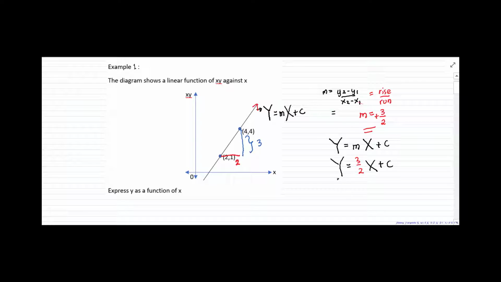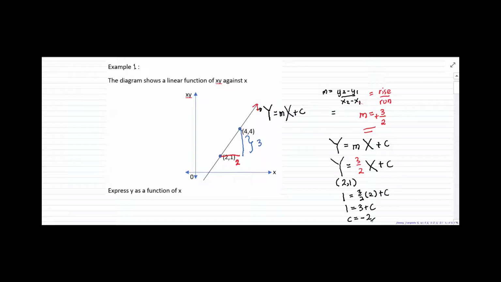Yeah, put 1 point on the straight line. Maybe we can use 2,1. So I put 1 in y equals to 3 over 2 times 2 plus c. I will get 1 equals to 3 plus c. I have c equals to negative 2.